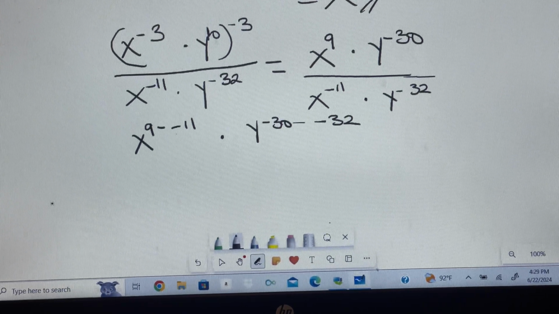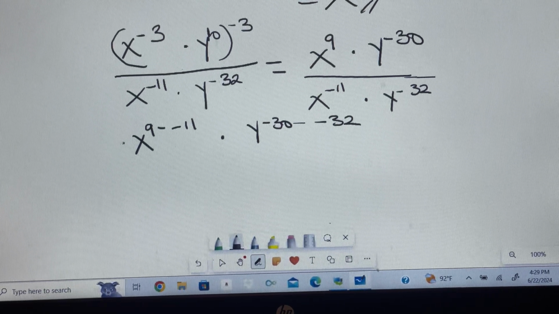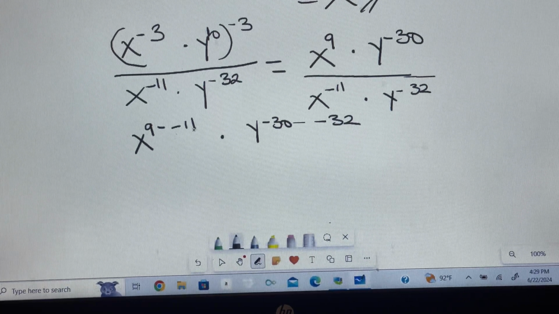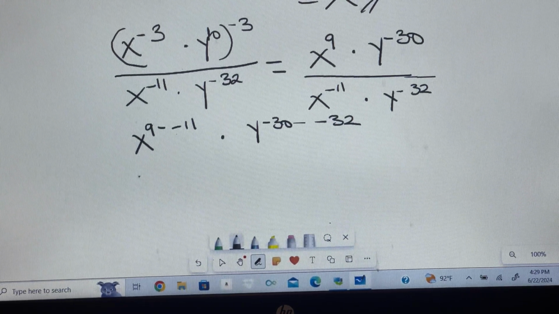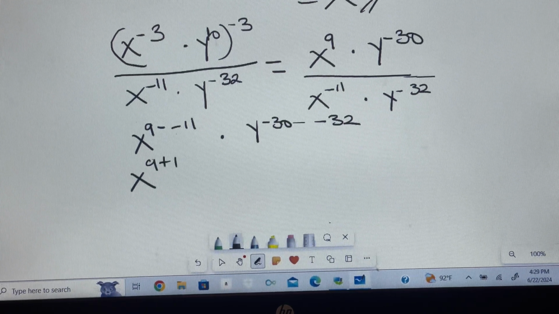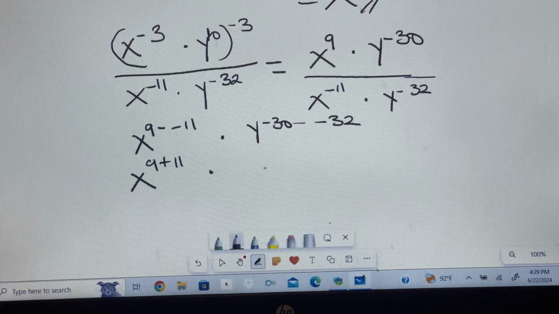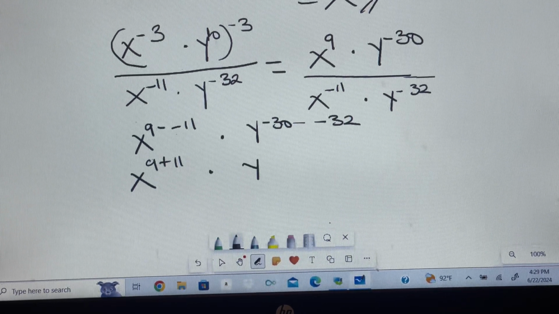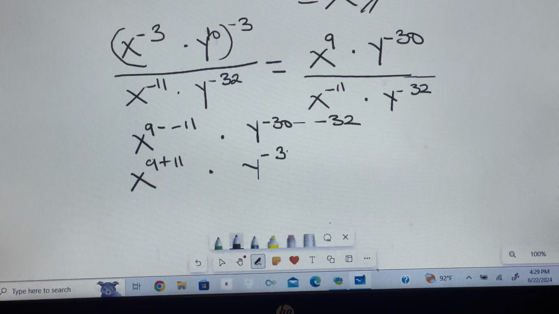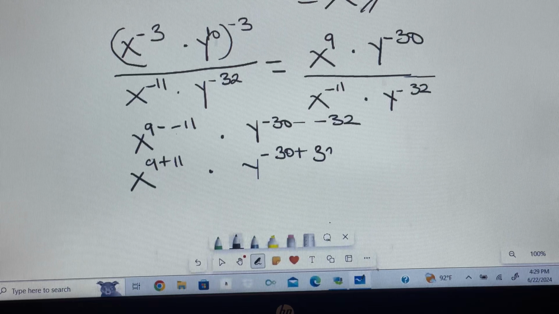See that? So now we have x minus 11, so minus turns to plus. So we have x to the power of 9 plus 11, multiplied by y to the power of negative 30, minus turns to plus 32.